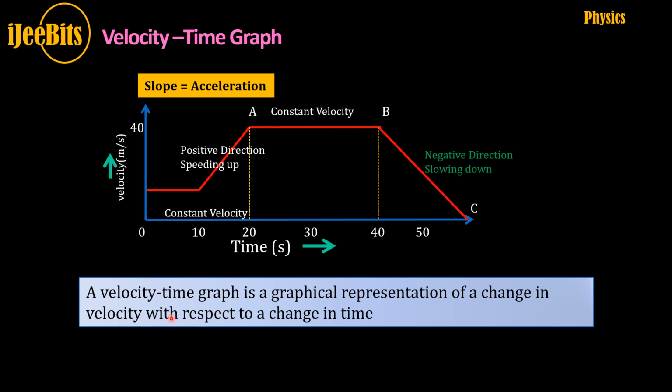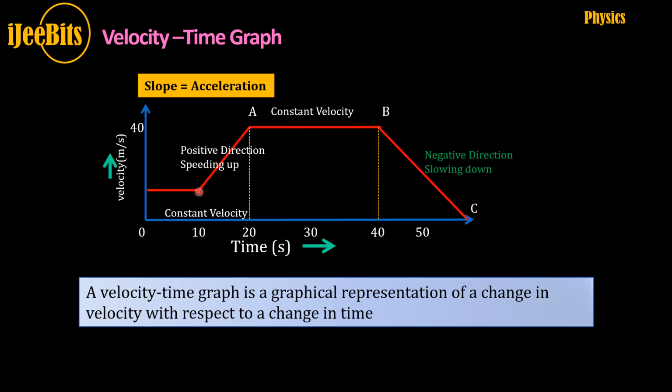Do you know what dv by dt means? It is acceleration. So the slope is always acceleration in a vt curve. From 0 to t, I didn't see any change in velocity. Maybe the velocity is flat.